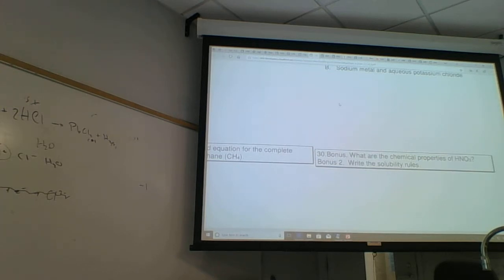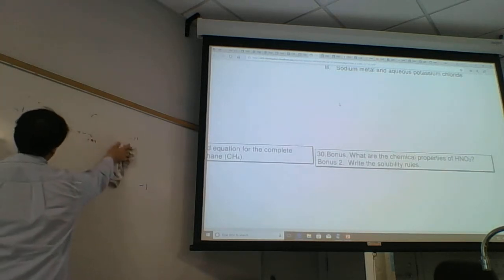And the nitrate in H plus is an even stronger oxidizer. So nitrate in H plus is an oxidizer. Could it be a reducer? Could nitrate be a reducer? And an oxidizer? Or just an oxidizer?